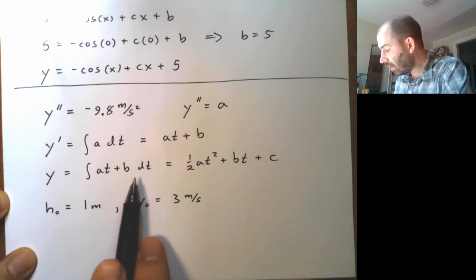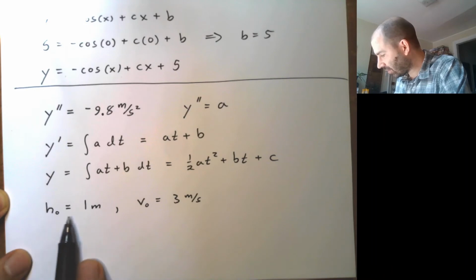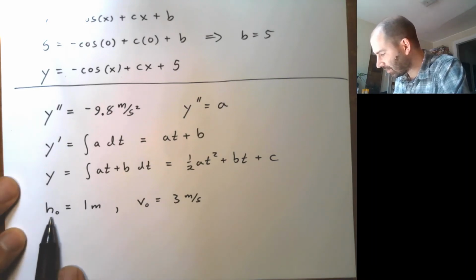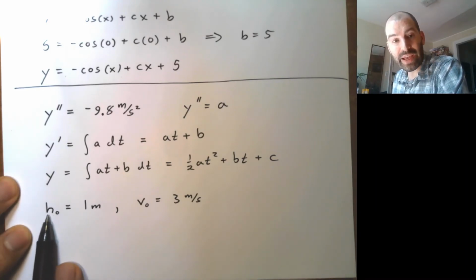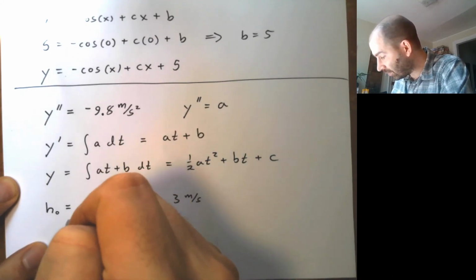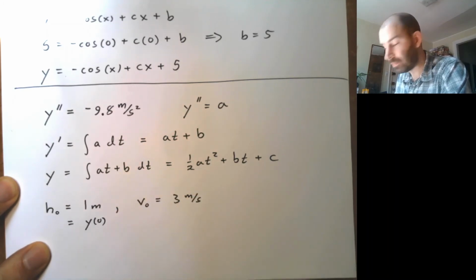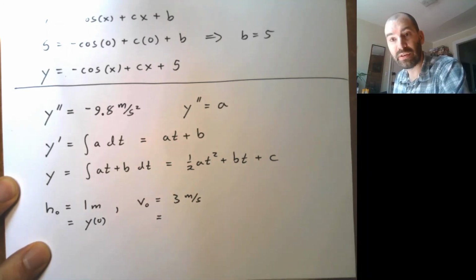Okay, so let me go ahead and rewrite y. Let's think about this again. What is h of 0? What's h sub 0? That's the initial height. That's y of 0. So we're being told that y of 0 is 1. And what's v of 0? v0 is the initial velocity.